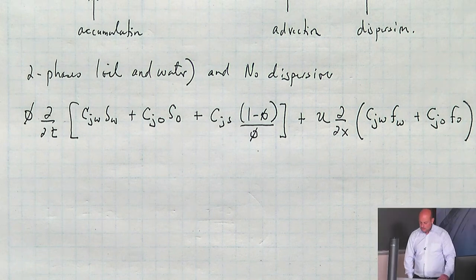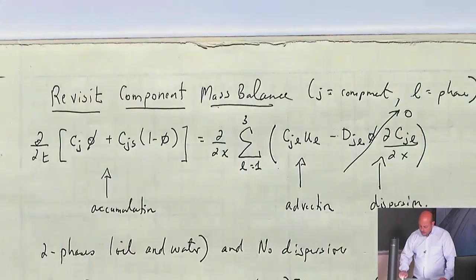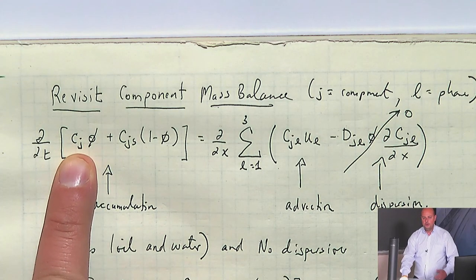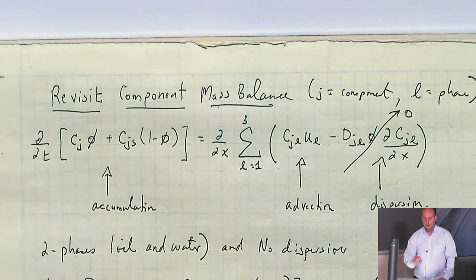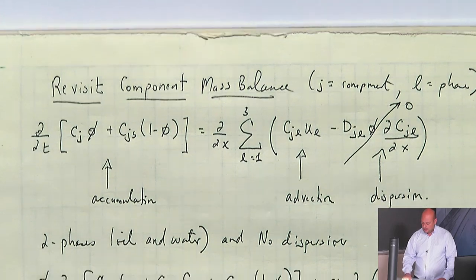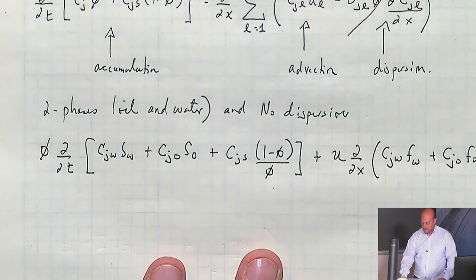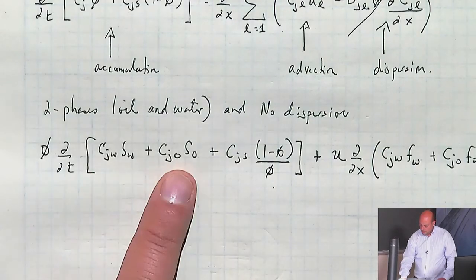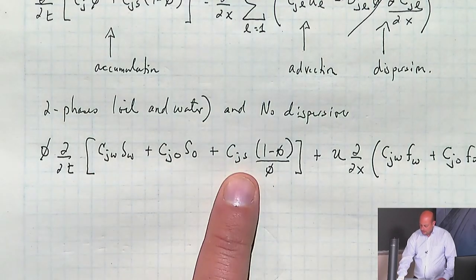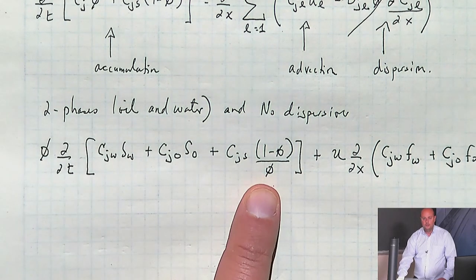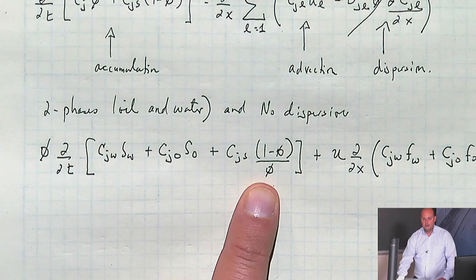Okay, so let's think about what I did there. So I had this Cj term, which is the concentration of the entire pore volume. If you go back a few lectures, you'll remember we defined Cj as the sum of the concentrations in each phase times the saturations of each phase. So we've got 2 phases, water and oil. Still have the adsorbed concentration. We pulled out a porosity, so that's why we had to put a porosity in the denominator there.